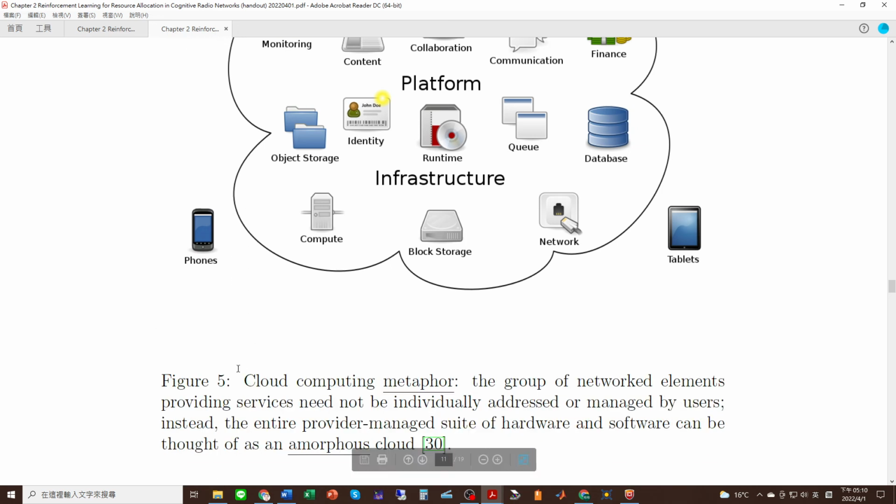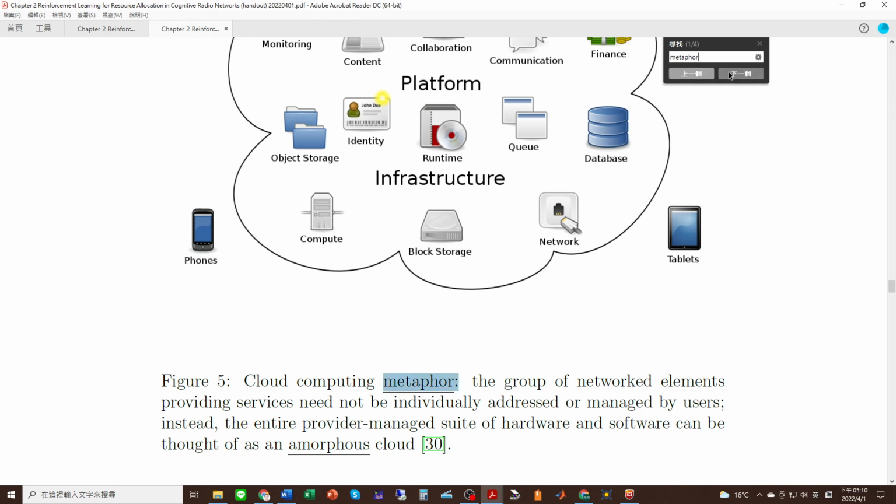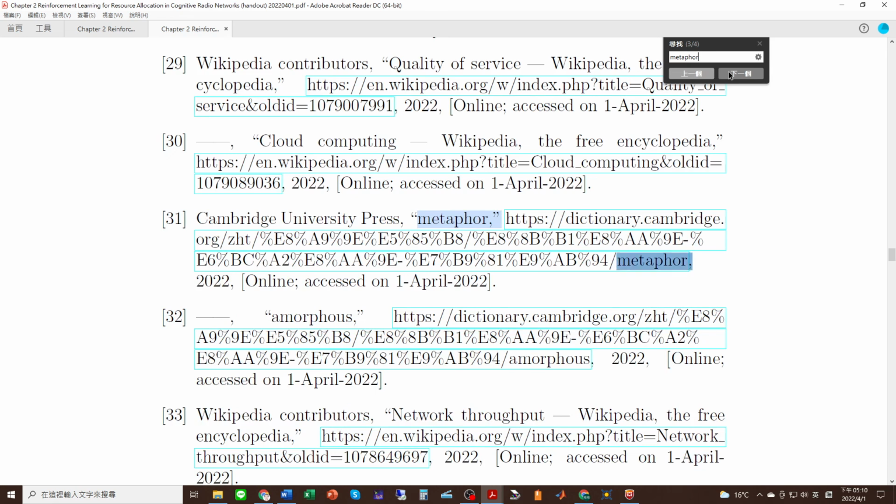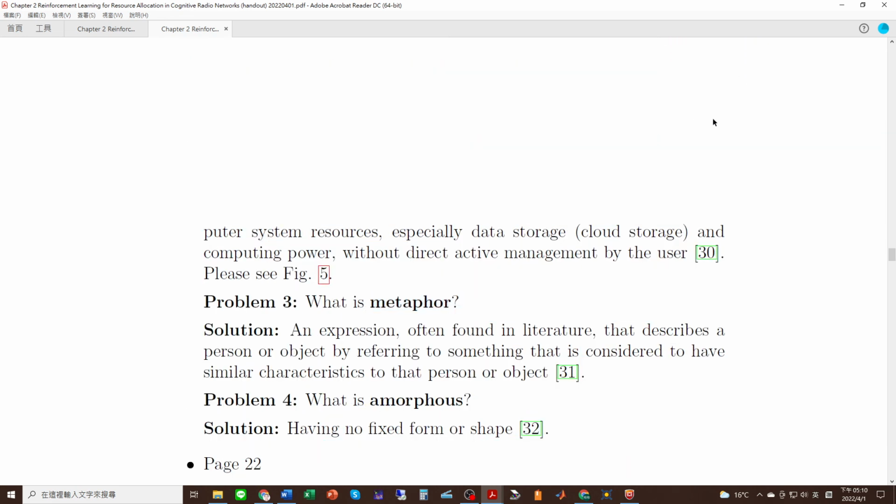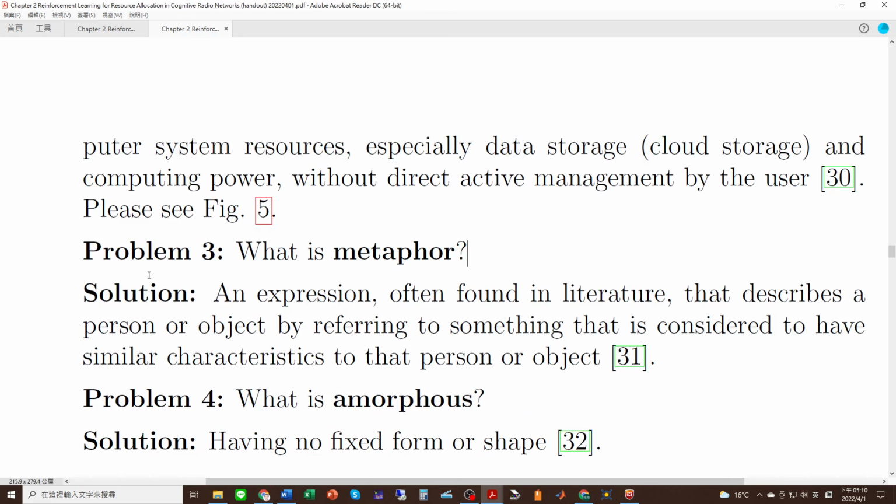So figure 5 shows the cloud computing metaphor. What is metaphor? Let us search for the metaphor. Problem 3.